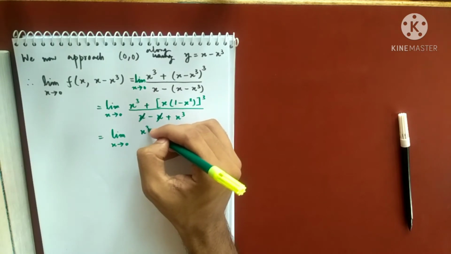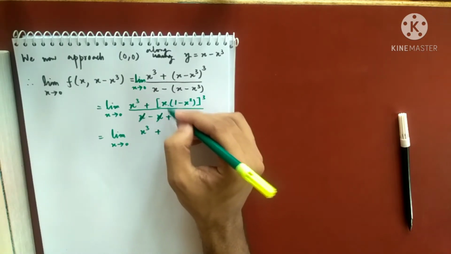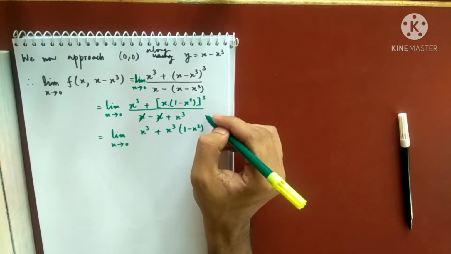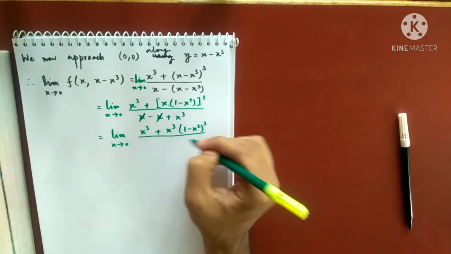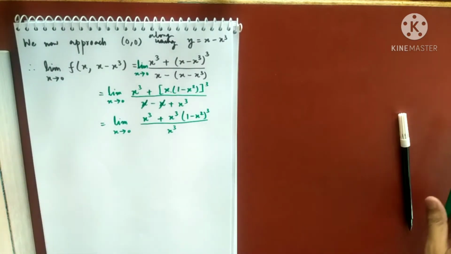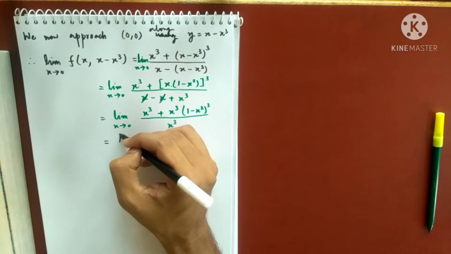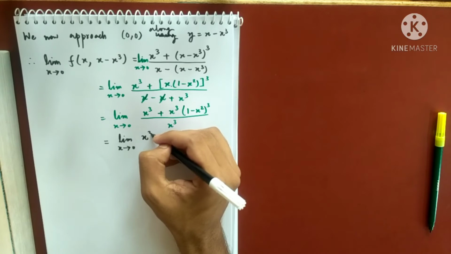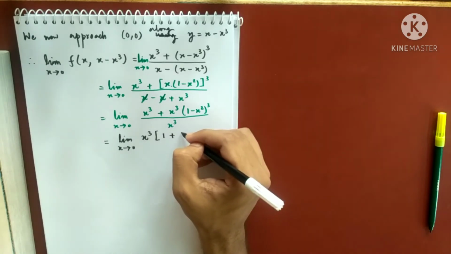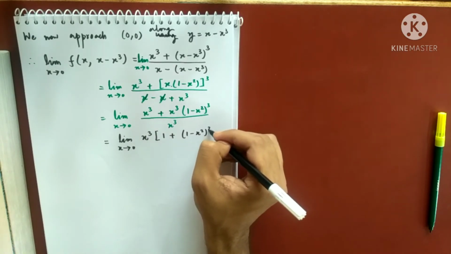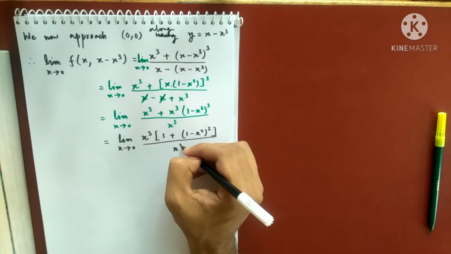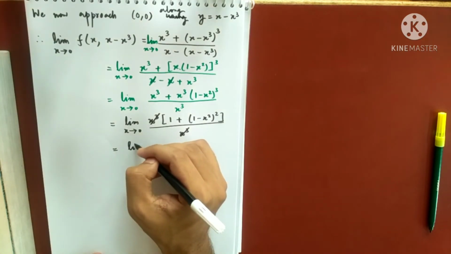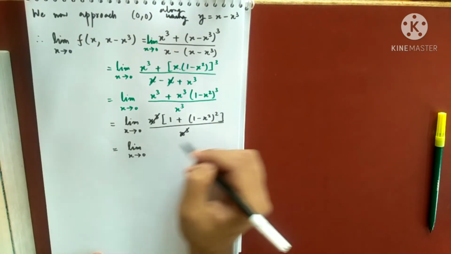This is x cube plus, if I open this bracket, x cube into 1 minus x square whole cube, by x cube. And you see, if I now take x cube common from the numerator, what I am remaining with is 1 plus 1 minus x square whole cube by x cube, and this problem has been solved.